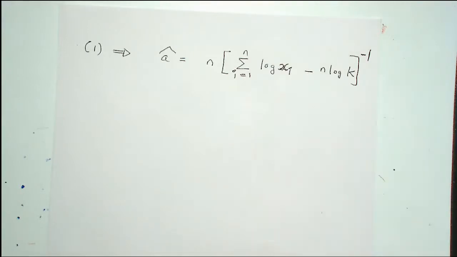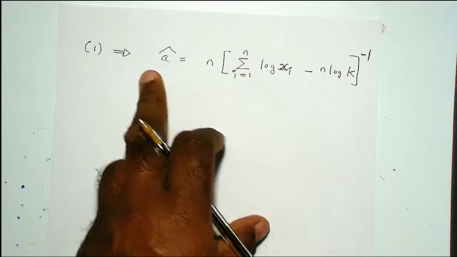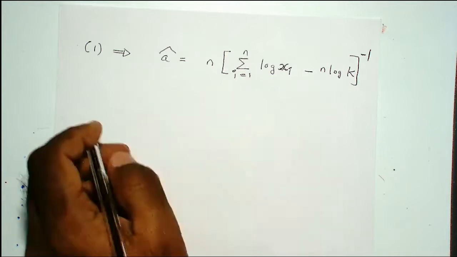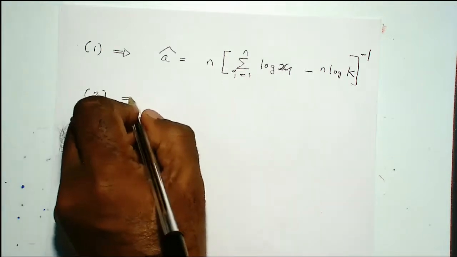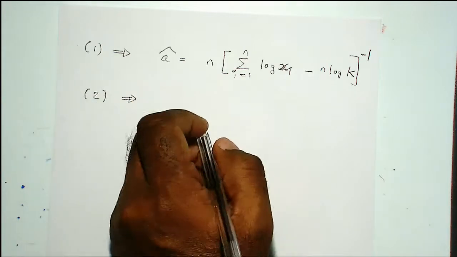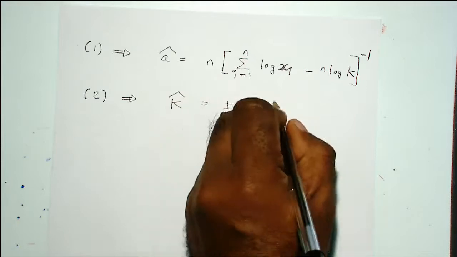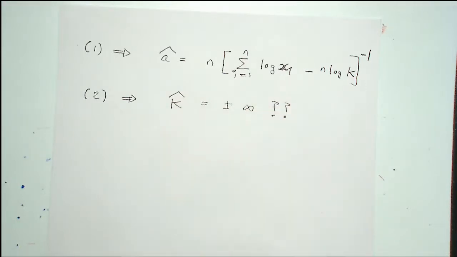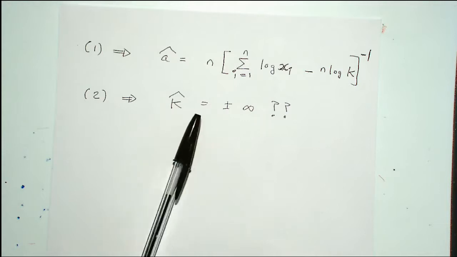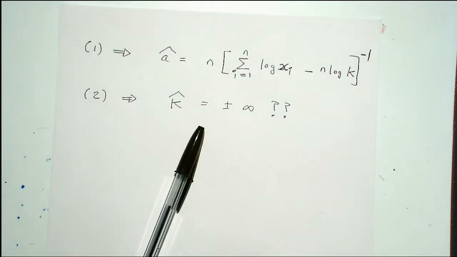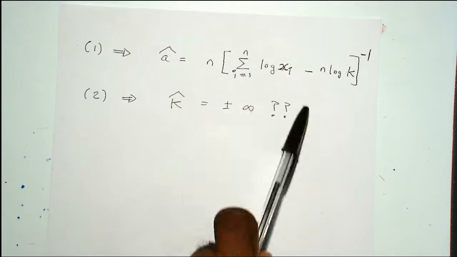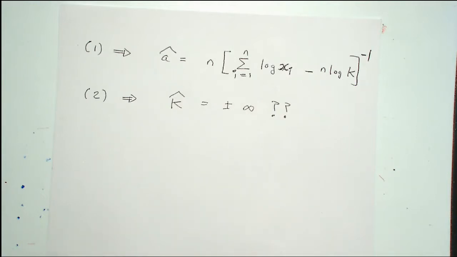So solving equation 1, this is what you get for A in terms of K. Now solving equation 2, you get K hat equal to plus or minus infinity, which does not make sense. So one of the two equations gives a proper answer, but the second doesn't. This one looks okay, but this solution looks weird. You cannot have plus or minus infinity as a solution.